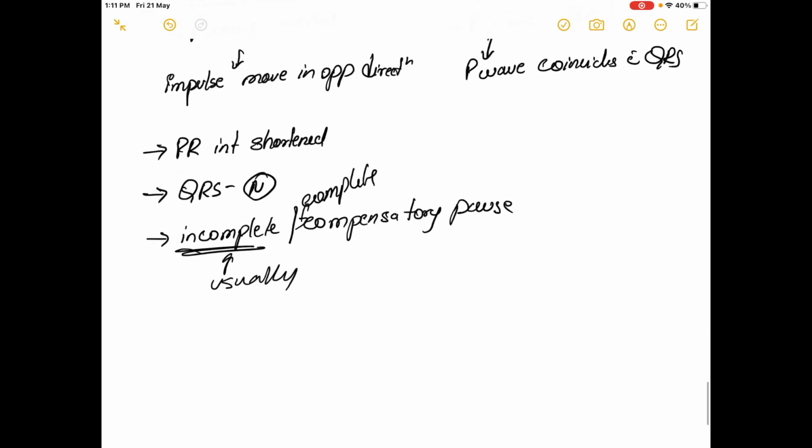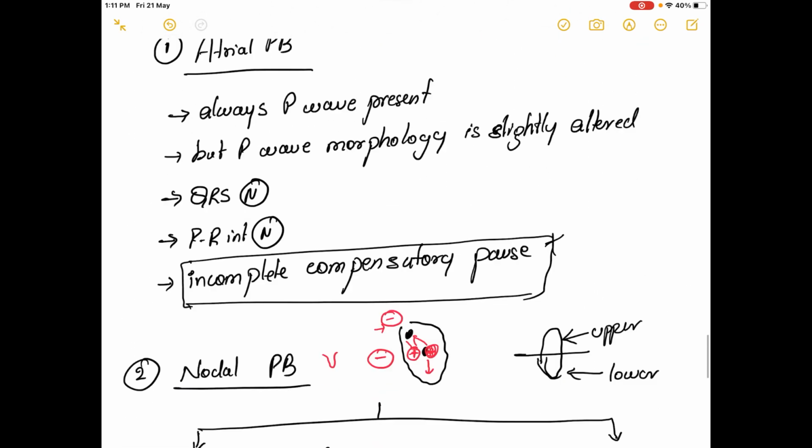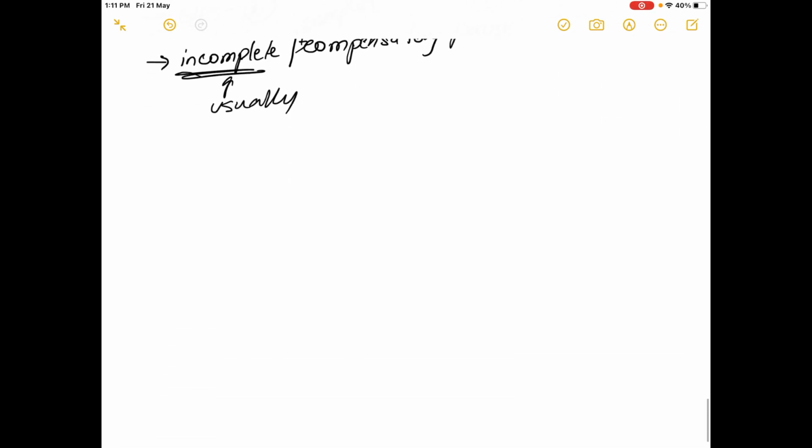So another thing: how do we say whether it is a complete or incomplete compensatory pause on the ECG?